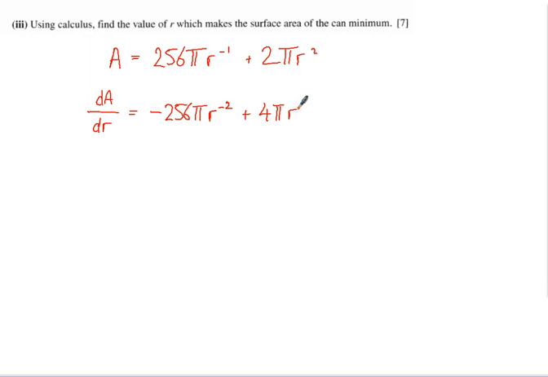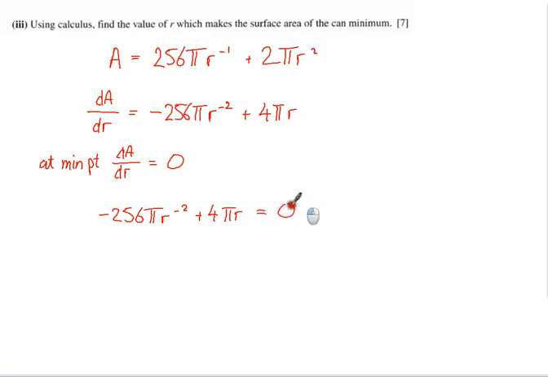Now, at the minimum point, our differential dA by dr should equal 0. Whenever we find a minimum or maximum value, the differential is the gradient and it will be 0. So I can put minus 256 pi r to the minus 2 plus 4 pi r equals 0. Now, this is something we're maybe not familiar with, so let's rewrite it, and I'm going to take it to the other side, because this is negative at the minute.